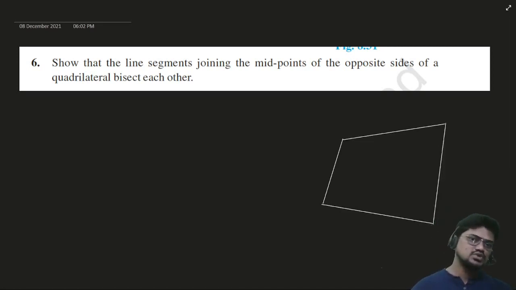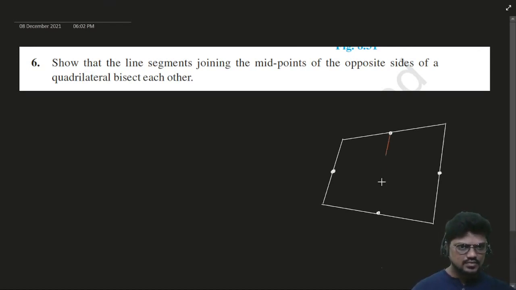Show that the line segments joining the midpoints of the opposite sides of a quadrilateral bisect each other. Means if I take this as the midpoint, this as the midpoint, this as the midpoint, and this as the midpoint, what they are saying is, if I join the midpoints of opposite sides, that means midpoints of these opposite sides.